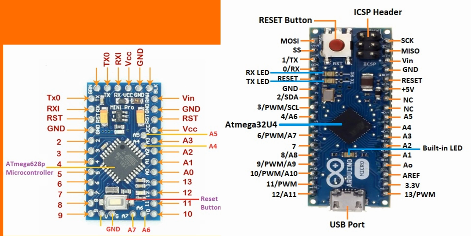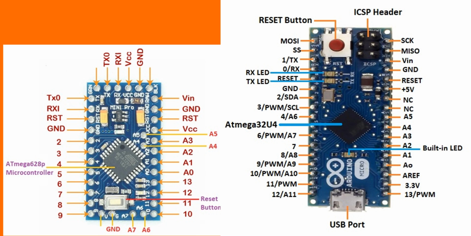Some pins act as external interrupts, allowing your program to respond immediately to signal changes. Others are reserved for serial communication, SPI, or I2C, depending on the board.